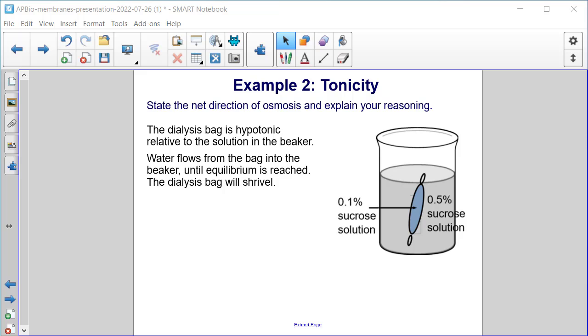All right, so if we have a 0.5% sucrose solution outside of the dialysis bag and a 0.1% sucrose solution inside, the dialysis bag is hypotonic relative to the solution in the beaker. There is less of it. So water will flow from the bag into the beaker to the area of higher solute concentration until equilibrium is reached and the dialysis bag will shrivel.